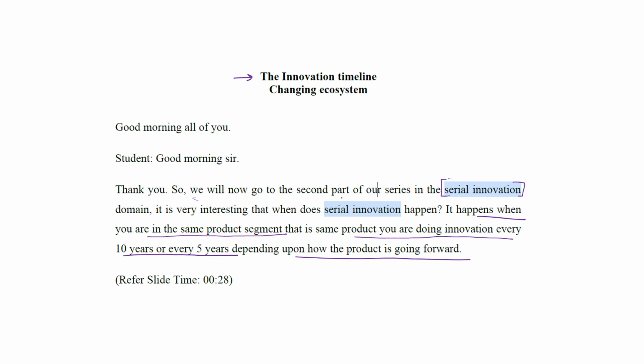Serial innovation is where you are working on the same product segment after a certain interval of time. It could be 5 years, it could be 10 years, right? Very, very important. So when we are talking about serial innovation, two things we need to understand, the first is that it is the same product segment.